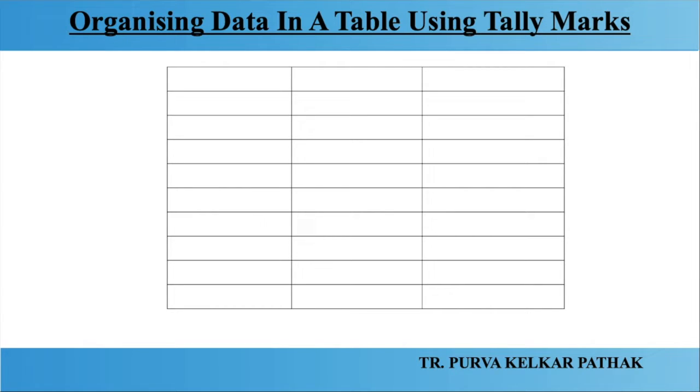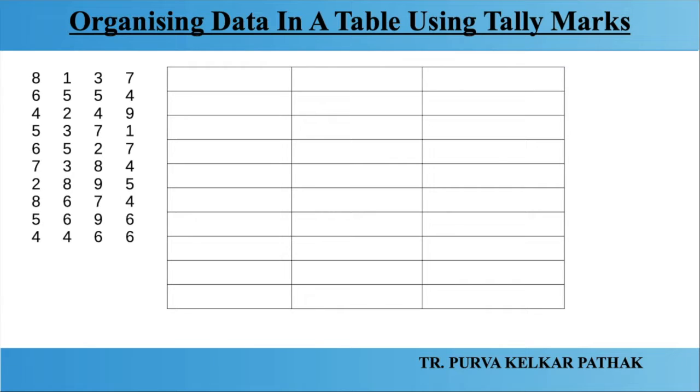We are given the information or the data about the marks obtained by 40 students in a mathematics test. If you observe carefully, you will realize that these marks scored by the students range from 1 to 9.